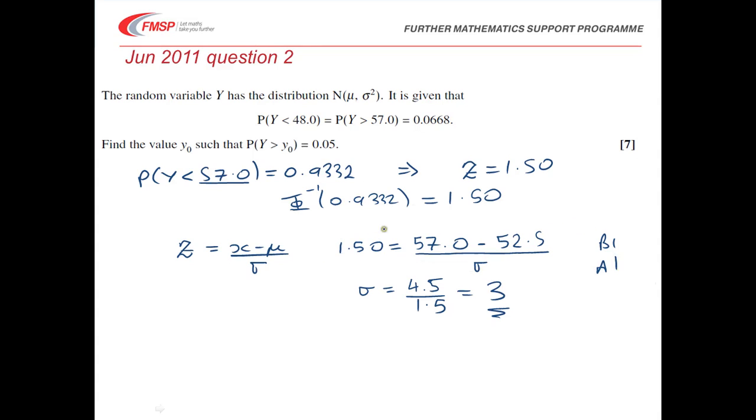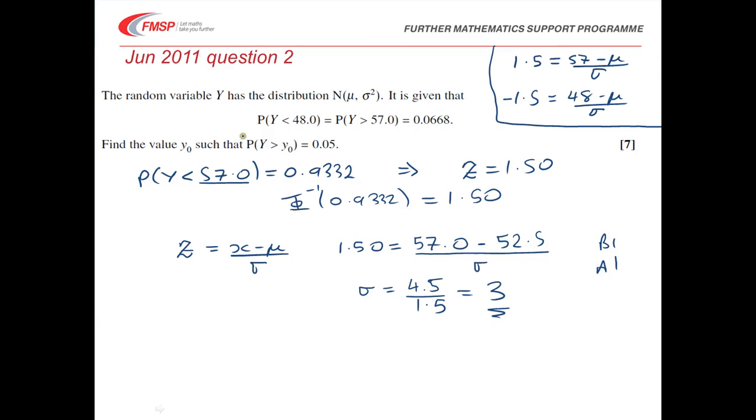So you could have set up the fact that 1.5 is equal to 57 minus mu over sigma, and you could also set up the fact that minus 1.5, because of symmetry, is equal to 48 minus mu over sigma, and then by solving that simultaneously you would also have ended up with the same 2 values for mu and sigma. So that's a different way of doing this particular question, which is quite nice.